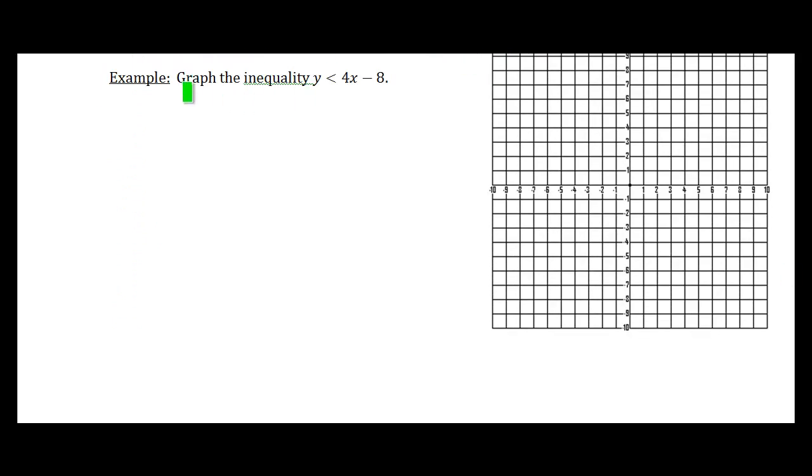In this example, I want to graph the inequality y is less than 4x minus 8. Since I have a less than sign, I know that when I graph my line, it's going to be a dashed line, right? I don't have an equal to sign, so it's going to be dashed. Now I'm going to look at graphing the line y equals 4x minus 8.